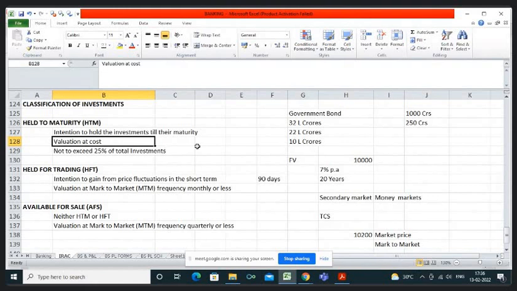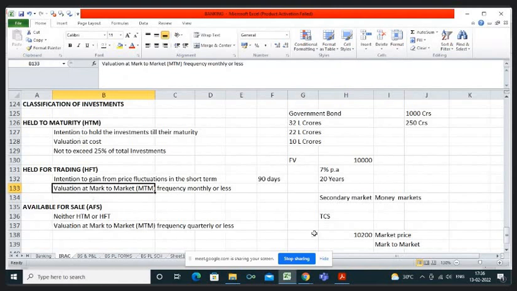So if you have 100% of investments, 25 should be HTM and it should be valued at cost. The other balance 75 should be either held for trading or available for sale. In both cases valuation is at mark to market, not at cost.